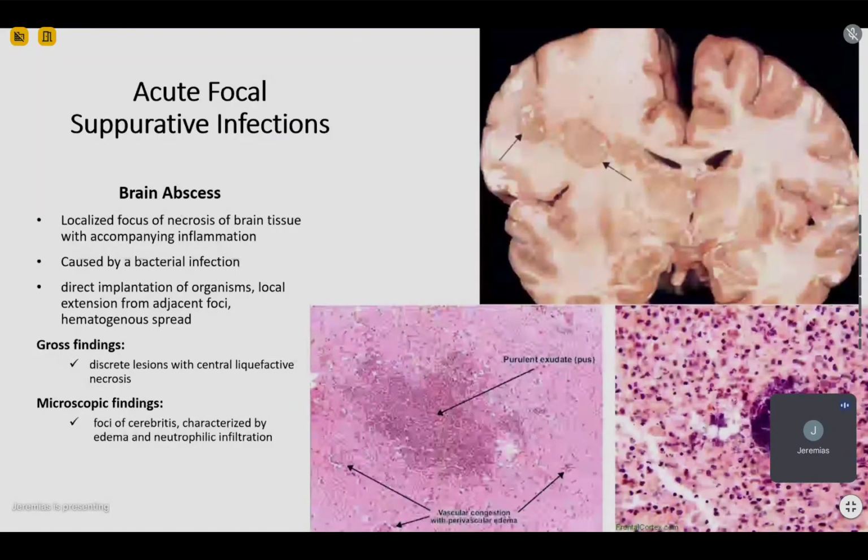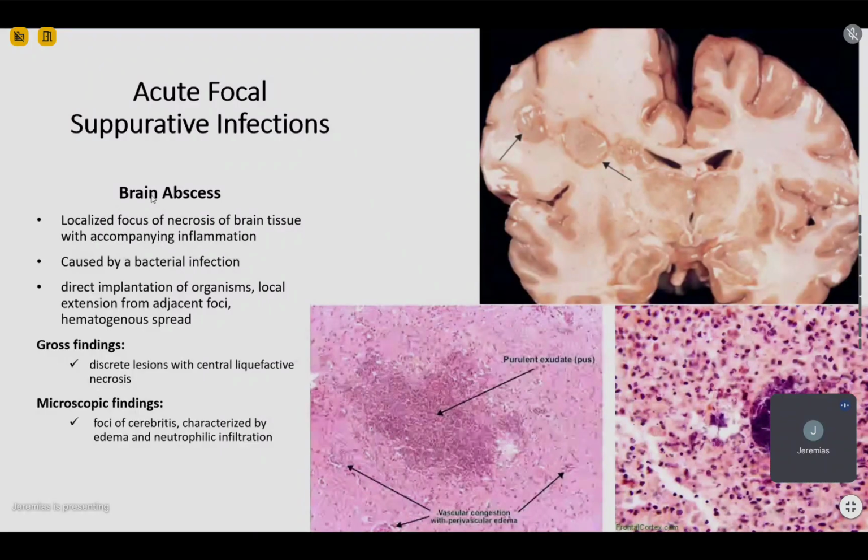This is a localized focus of necrosis of brain tissue with accompanying inflammation and may arise by direct implantation of organisms, by local extension from adjacent foci, just like in mastoiditis or paranasal sinusitis, and hematogenous spread.